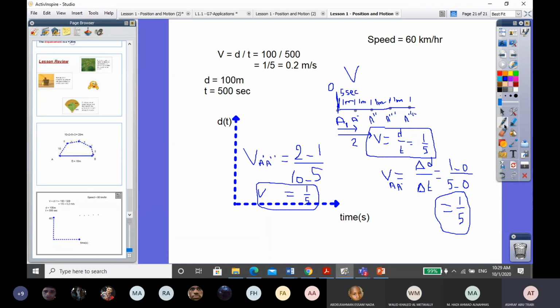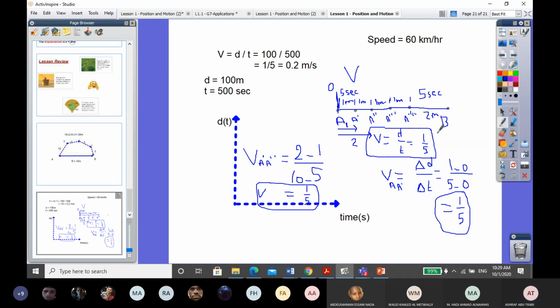Now I will put it here, guys. Now the same case, but from A, let's say to point B here, we cover a distance in the same interval, 5 seconds. We cover a distance, let's say 2 meters.